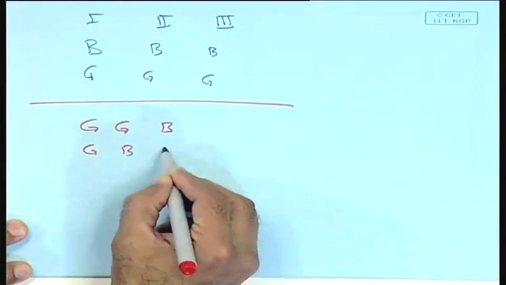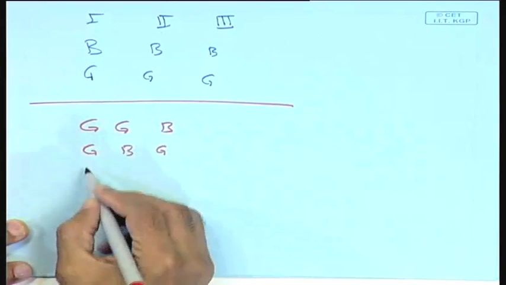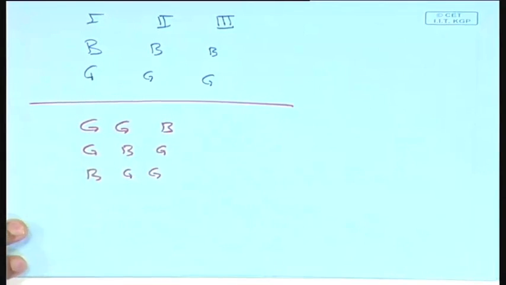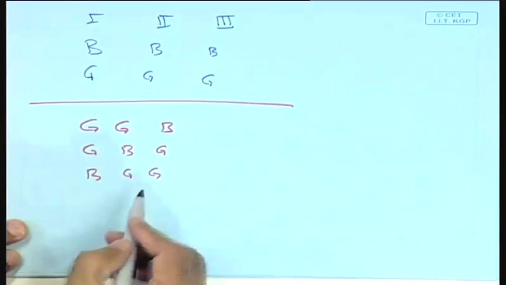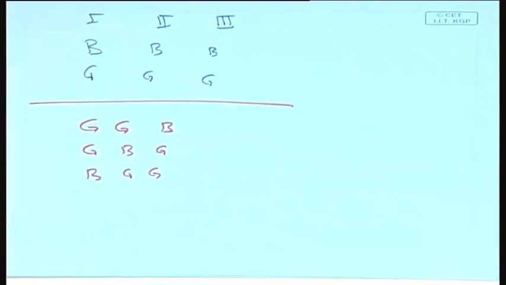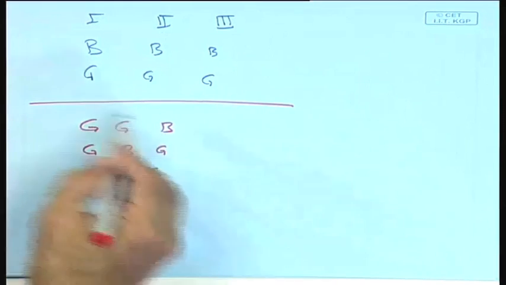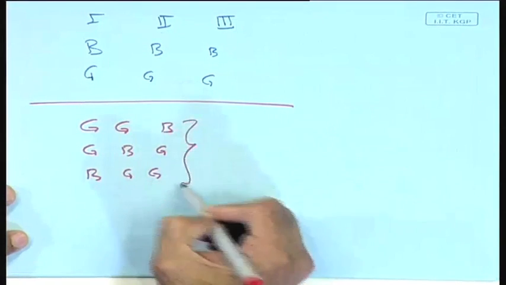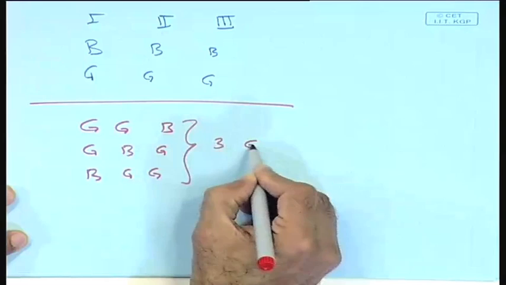Girl, boy, girl. Boy, girl, girl. Is there any other way I could have 2 girls? Can you think of any other way? When there are 3 kids, is there any other way I could construct a family that will have 2 girls? It's not possible. So it turns out there are 3 different ways I could have GG.